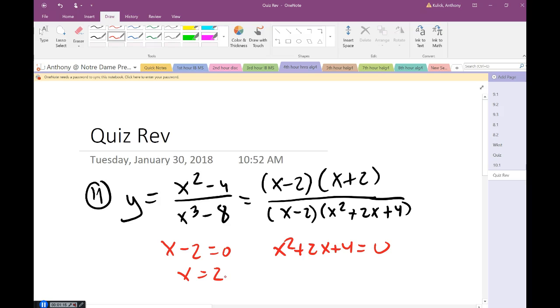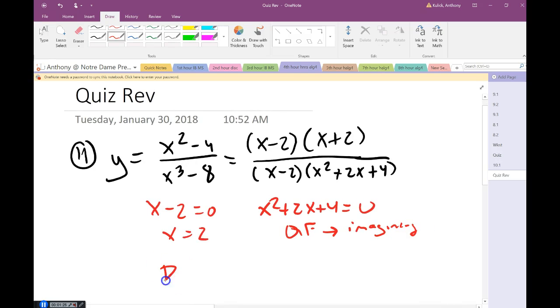So I get 2 here. For this piece, this doesn't factor, so I'd use the quadratic formula, but I find that I get an imaginary solution, so it doesn't matter anyways. So my domain is all real numbers except for 2.